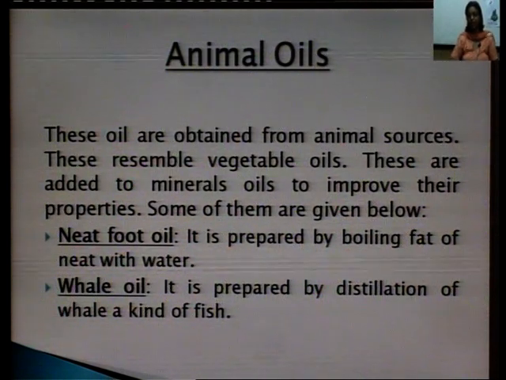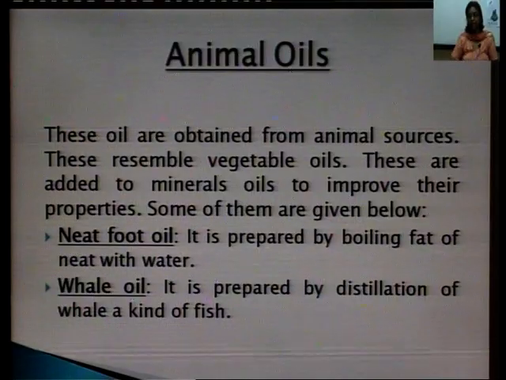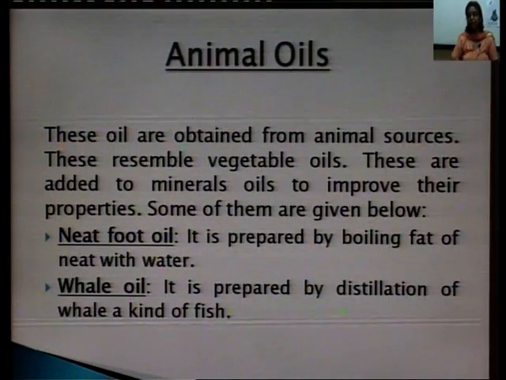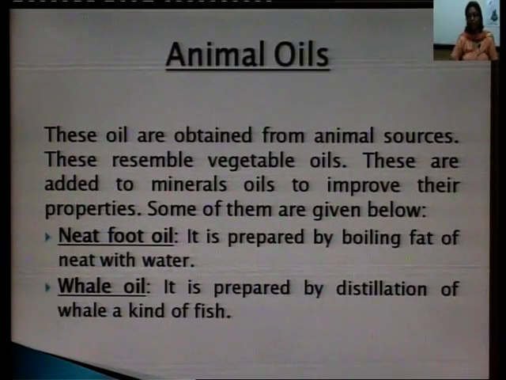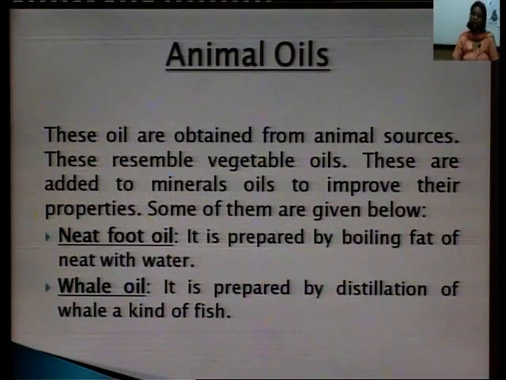Some of them are neat foot oil. It is prepared by boiling fat of neat with water. Second is whale oil. It is prepared by the distillation of fat of whale, which is a kind of fish.